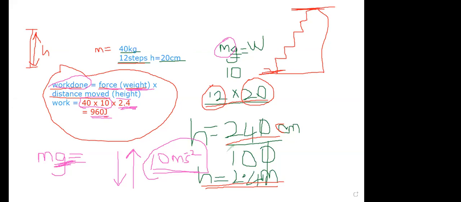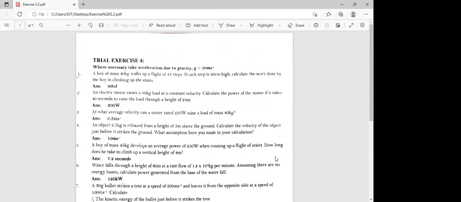Now, there are friends of mine who are still asking me which topic this is. If you have always been here from our first lesson, you know that we are doing work, power, and energy, and the subject is physics. If this is your first lesson, I'm sorry, you just have to listen carefully, and the documents for the first lesson, second lesson, and this lesson are going to be in the group after this lesson has ended.